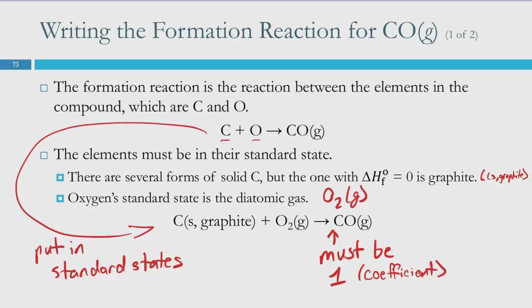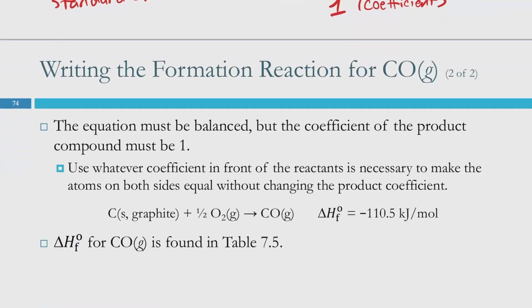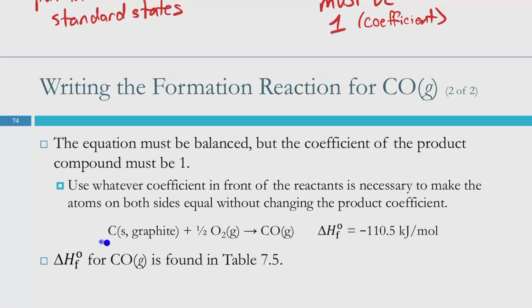And so we need to adjust for the O2. Instead, we need to cut that number down. So we put a 1/2 in front of the O2 instead. So this would be our formation reaction for carbon monoxide.